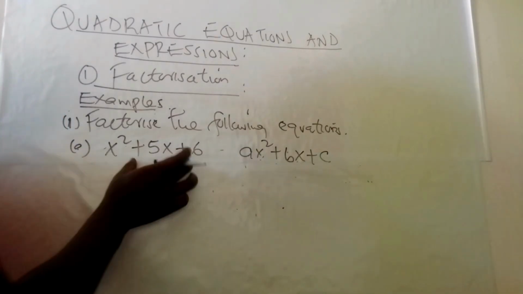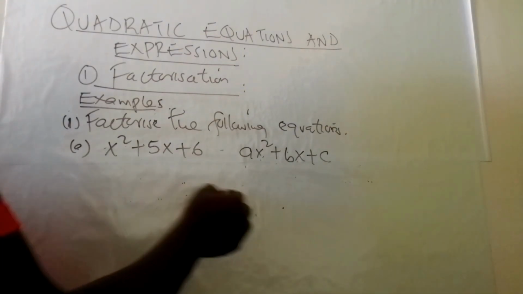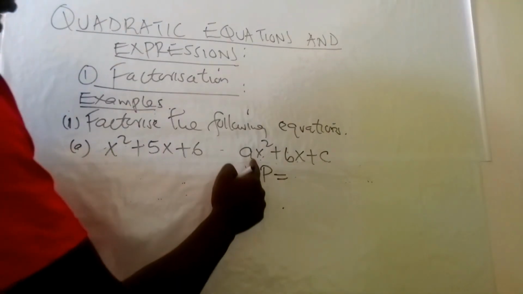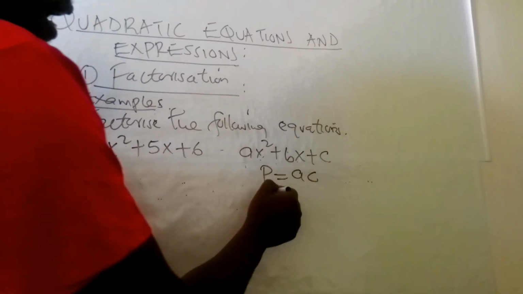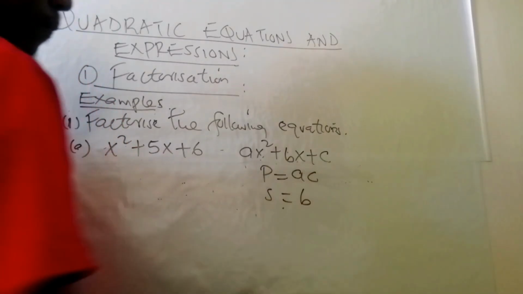So now, when you are factorizing this quadratic expression itself, we find two numbers whose product is ac, and the sum is the coefficient of x here, which is b.